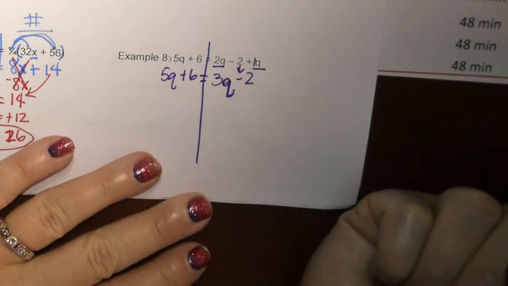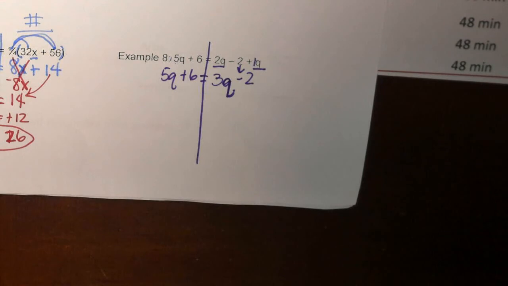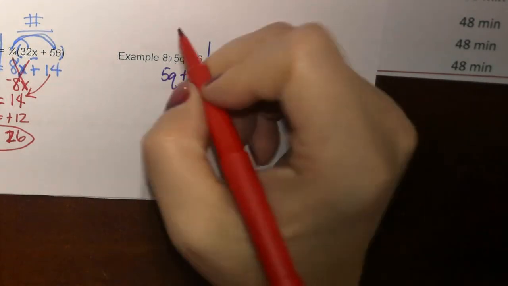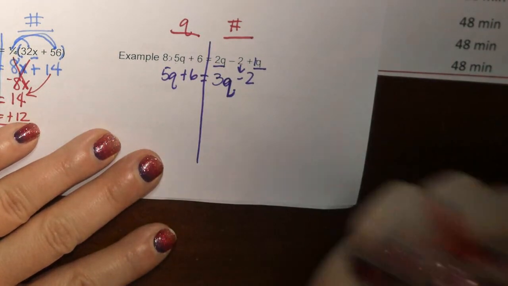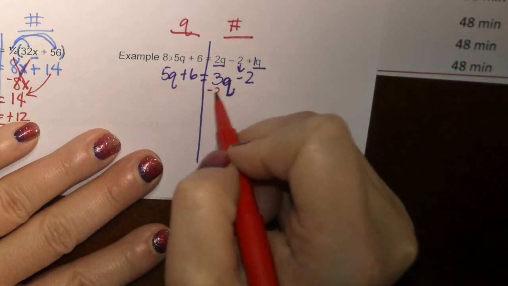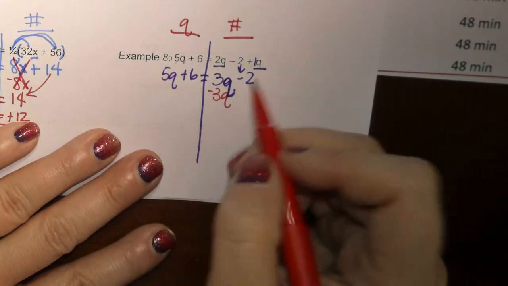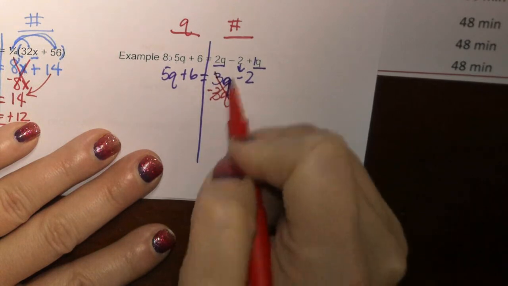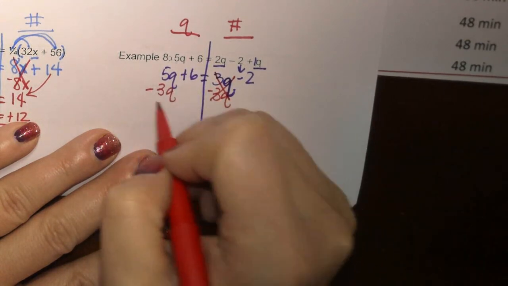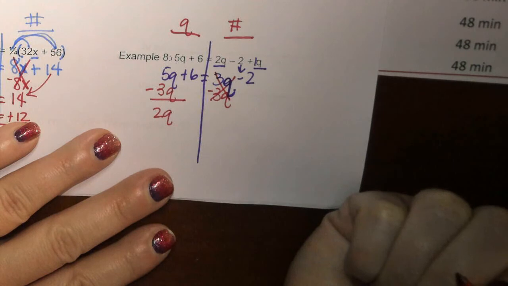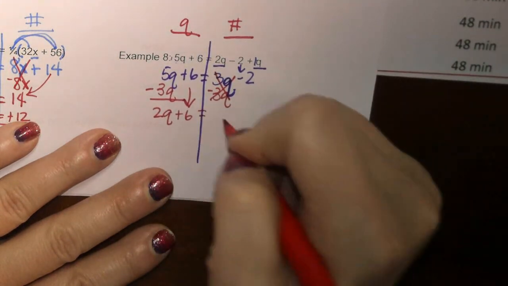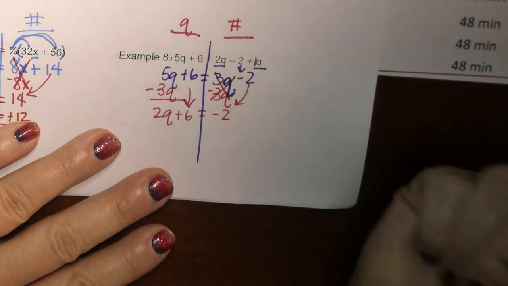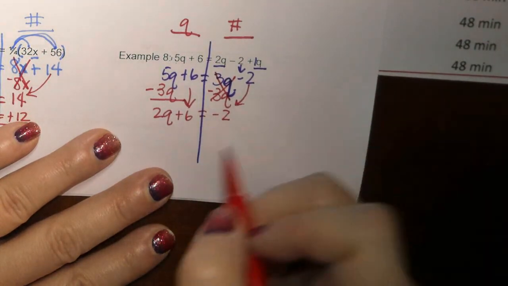Okay? So now we want to try to get our q's on one side and our numbers on the other. I like to put letters over here and numbers over here if it's equal. So I'm going to move my 3q over first. Before I can solve, my 3q has to be moved over first. And that's going to leave us with 2q plus 6, I bring that down, equals negative 2. Okay, I still have that negative 2 in there.